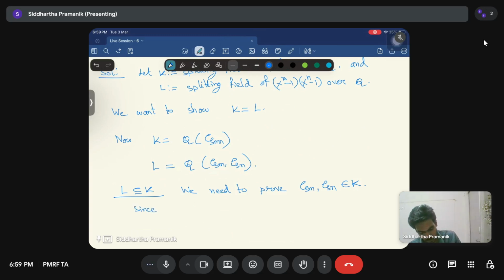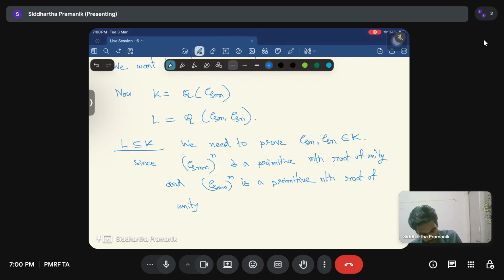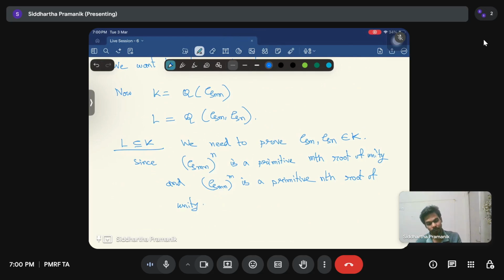Since zeta mn power n is a primitive mth root of unity, and zeta mn power m is a primitive nth root of unity, these two elements are primitive mth root and nth root, and they are in K.